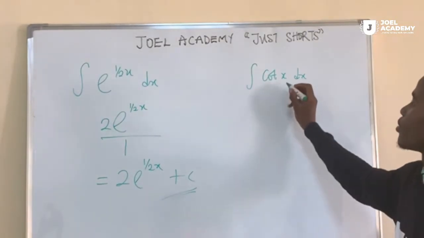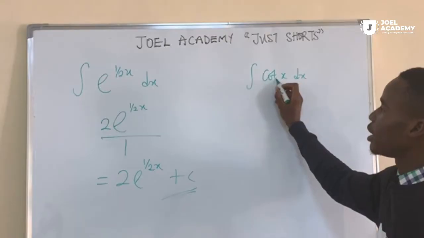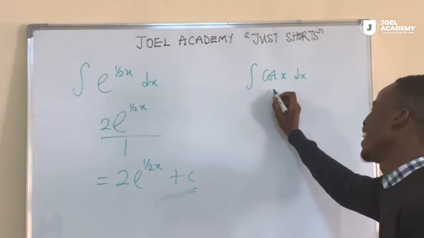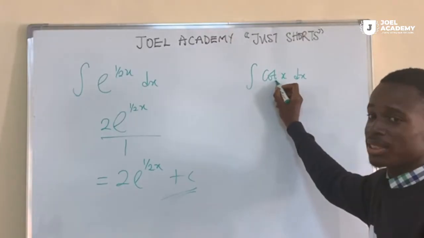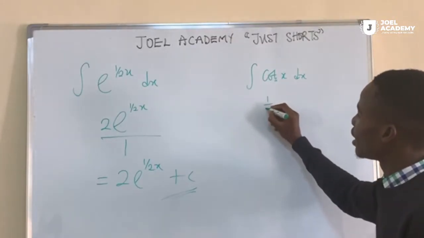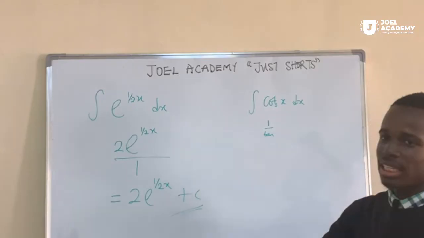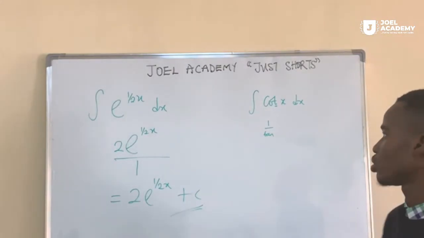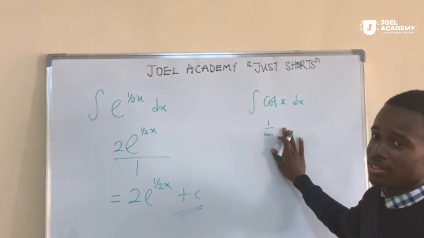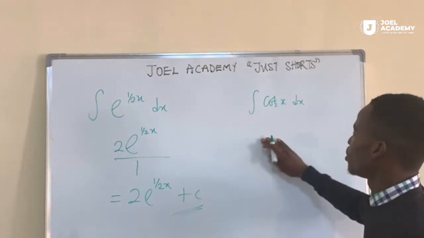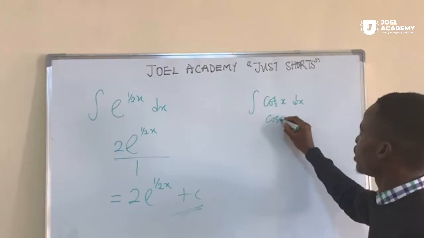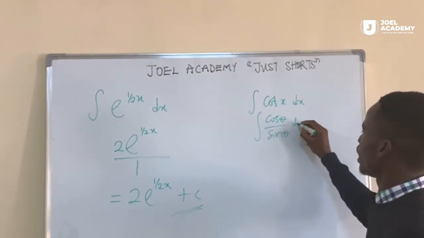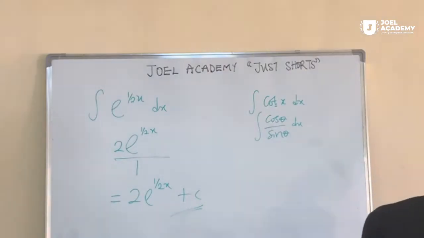You see, cot ends with T, it means 1 over tan. And what is tan? Sin theta over cos theta. I'm just telling you all these things so that you know. So if it's the inverse of tan, it will now be cos theta over sin theta.